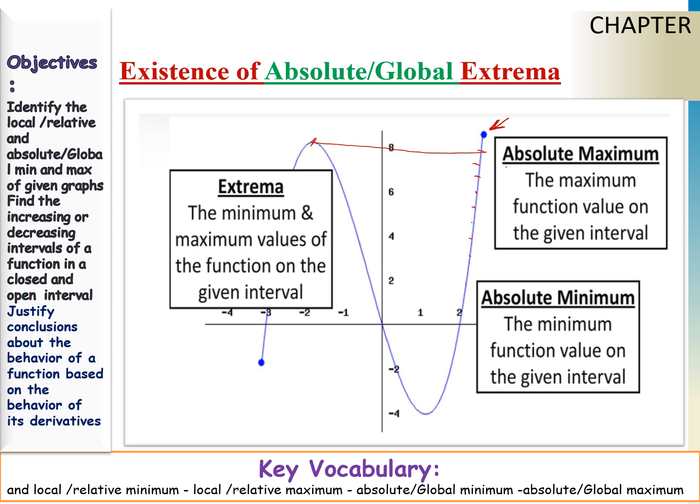Where is the absolute minimum? Not this point, because this point is only a lower point, but the lowest point of the graph is this one. So this is the absolute minimum and that point is the absolute maximum of the graph. Remember how to find them. Collectively, maximum and minimum are said to be extrema.